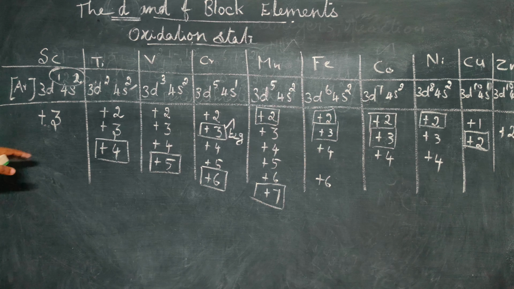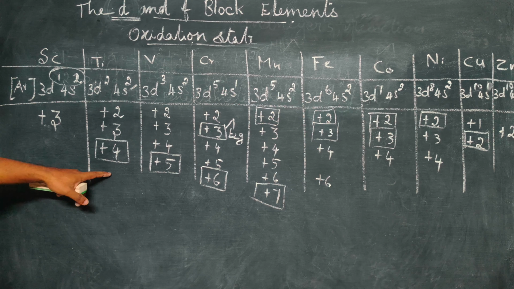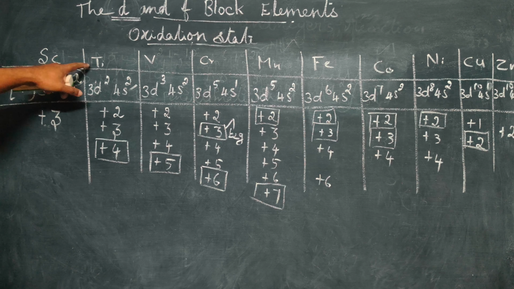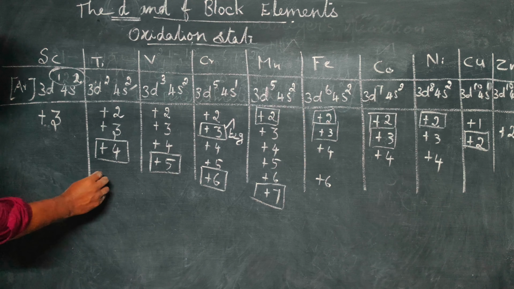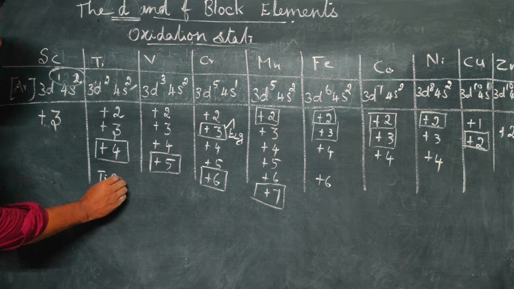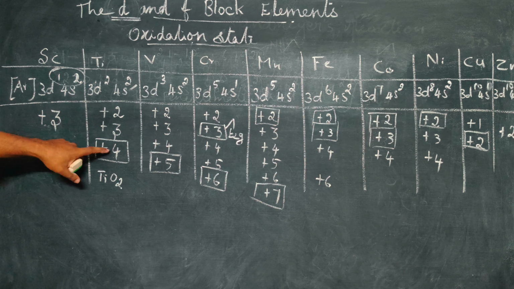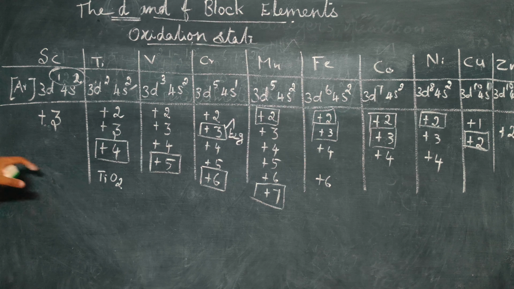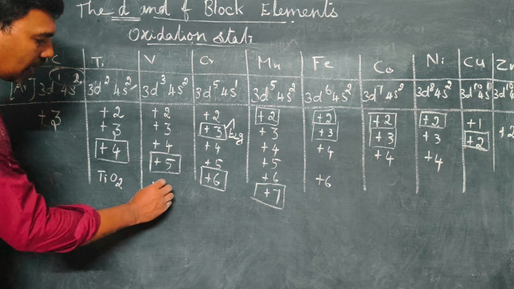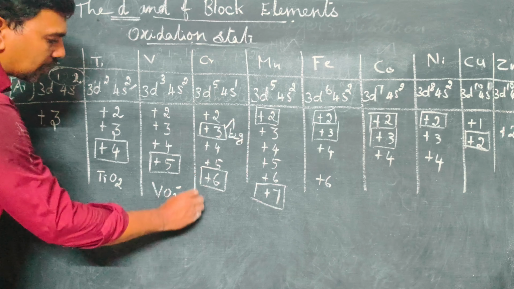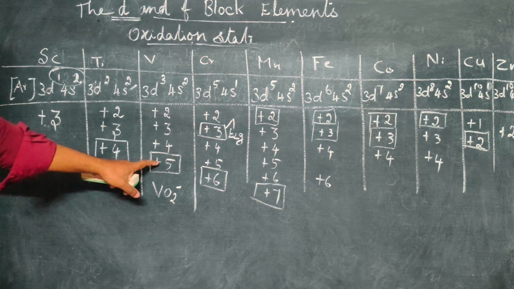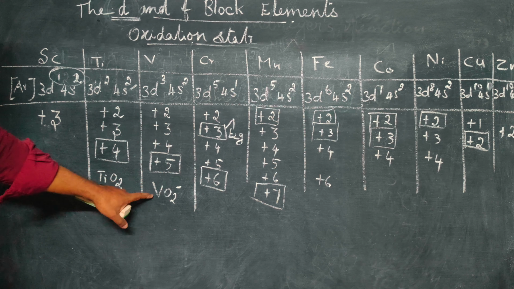Then the next thing, some stable compounds, the oxides. For titanium, the stable compound is titanium oxide, where titanium attains the +4 oxidation state. Then vanadium, VO2 minus, exists in the +5 oxidation state.